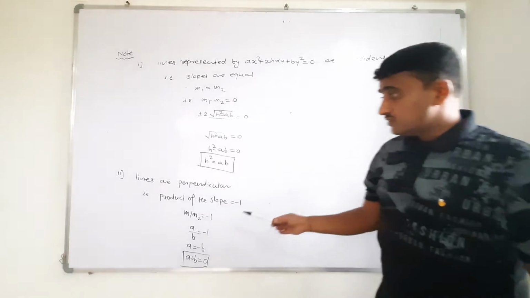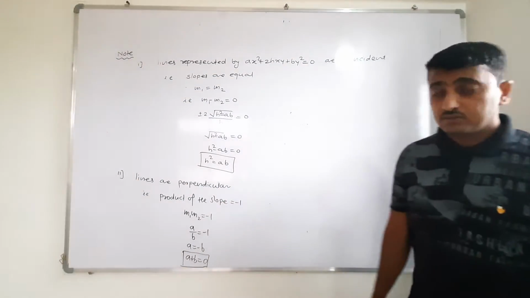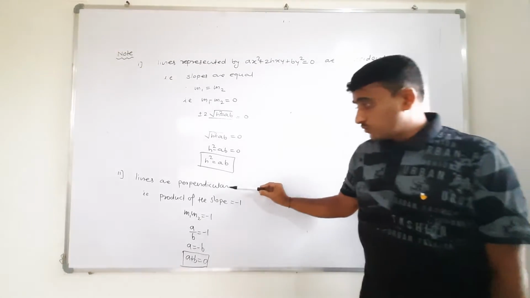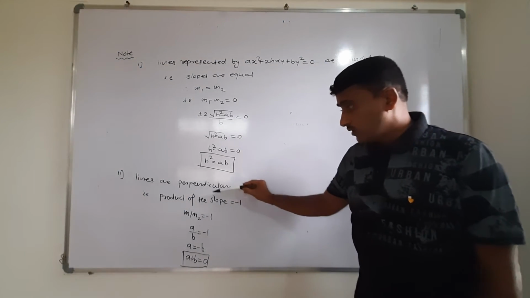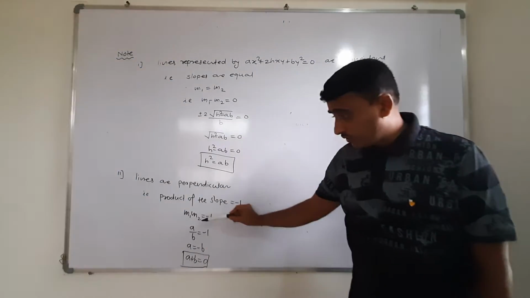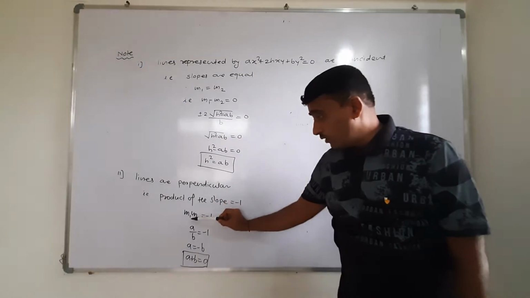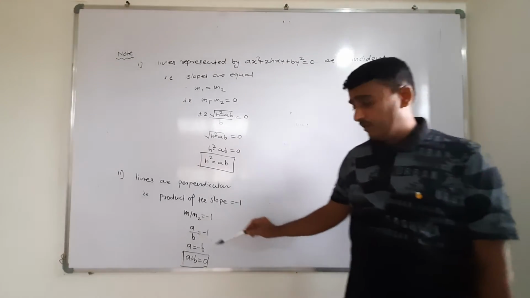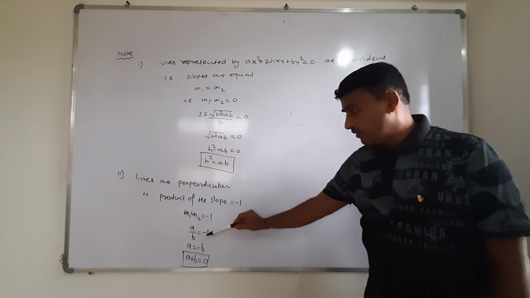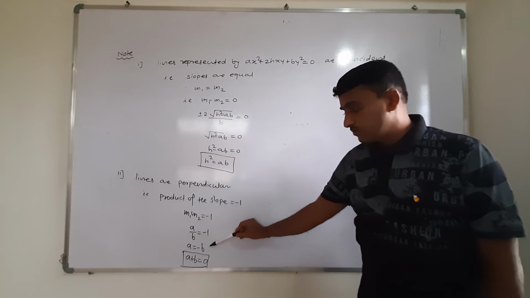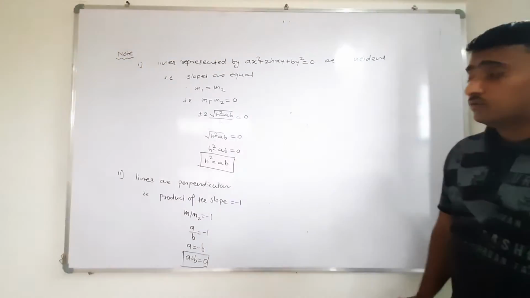The second case is if lines are perpendicular, that is lines represented by this equation are perpendicular to each other. Then we know that if lines are perpendicular, product of the slopes is equal to minus 1, that is m1 into m2 is equal to minus 1. But we know m1 m2 is equal to a by b, product of the slopes. a by b is equal to minus 1, therefore a is equal to minus b, a plus b is equal to 0.